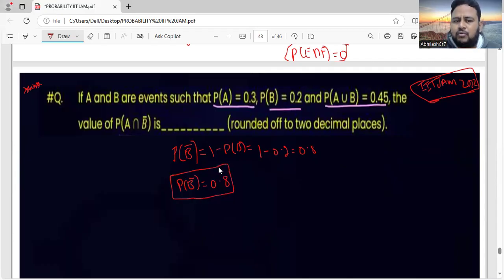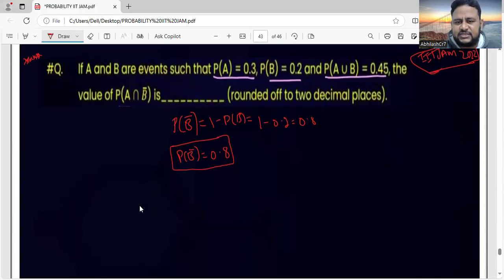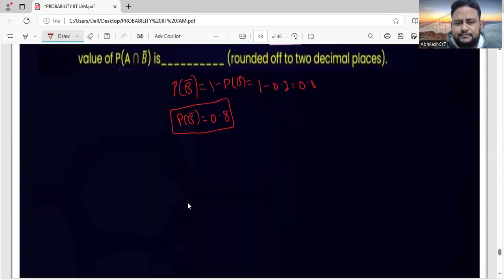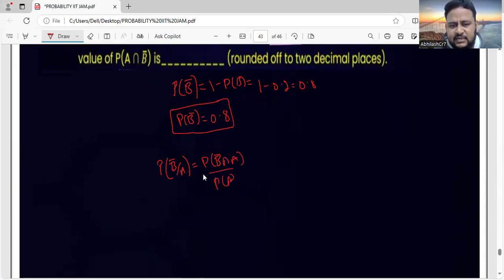Now we will use the conditional probability. We have to find out probability of A intersection B dash. To find it, we will use the conditional probability in such a way that probability of B dash given A is nothing but probability of B dash intersection A divided by probability of A. Whatever is in the denominator here comes here.